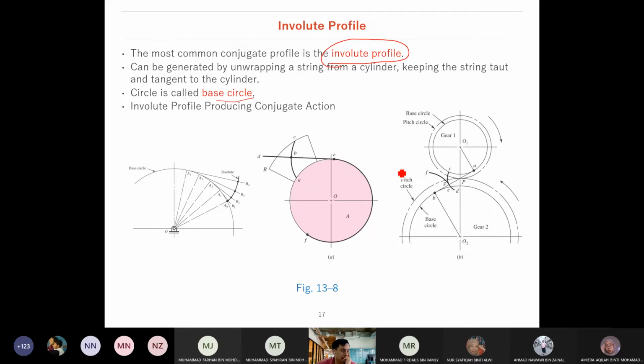Apa biasanya untuk pitch circle ni biasanya akan contact dekat sini untuk dua gear, and then we have the base circle ni lah kat mana dia start contact teeth tu. Alright, so tak apa, I think this is not really important for you lah. Okay, this slide tak ada apa pun, dia just to tell you what is the teeth tu, kat mana dia contact. Alright, so this is teeth from here, gear 2, this is teeth coming from the gear 1. Alright, next.